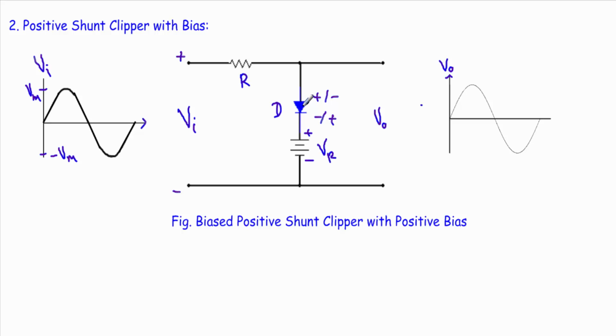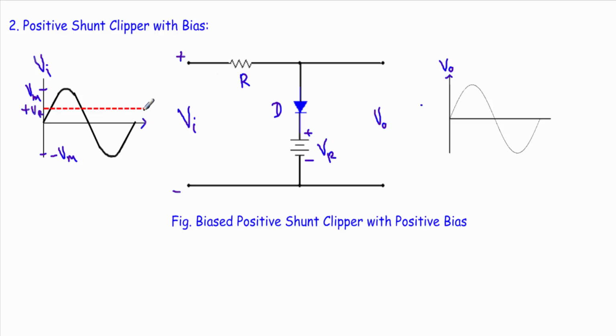We have to derive the condition in which the resultant effect of this reference voltage and this input voltage will be equal to 0, and that voltage will be our transition voltage. See here, if the input voltage is equal to VR, then it will minimize the effect of this reference voltage. So I can say that Vi equal to plus VR will be our desired transition voltage.